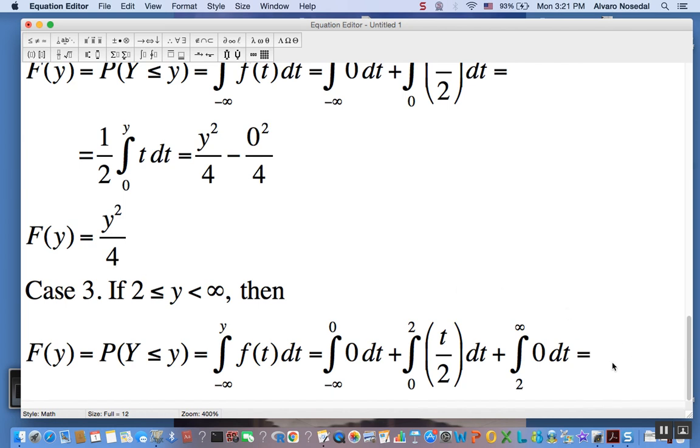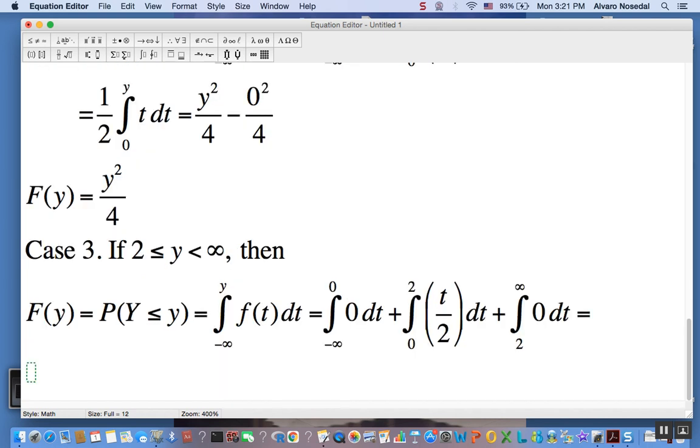That's just 1. So that uppercase F at y, if y is 2 or greater than 2, is just going to be 1. Make sense? Are we good? Not that hard, right? We're just using those definitions that we know.